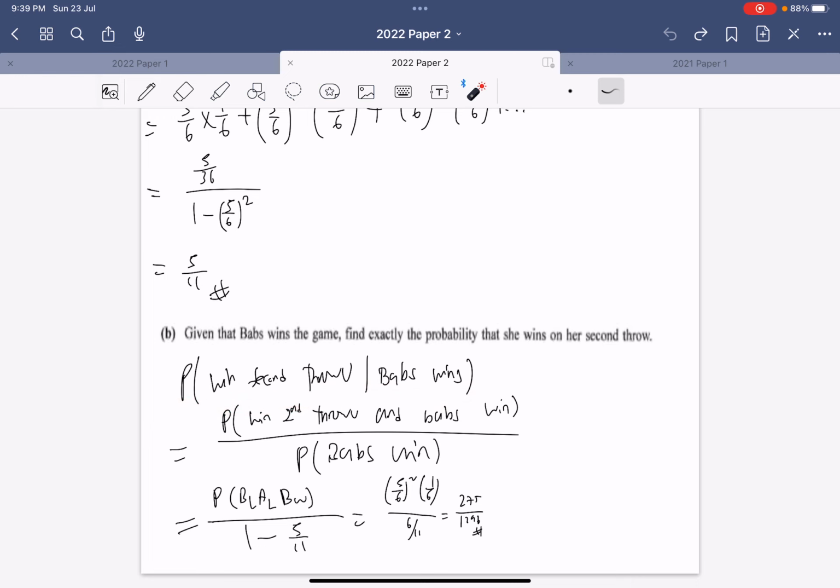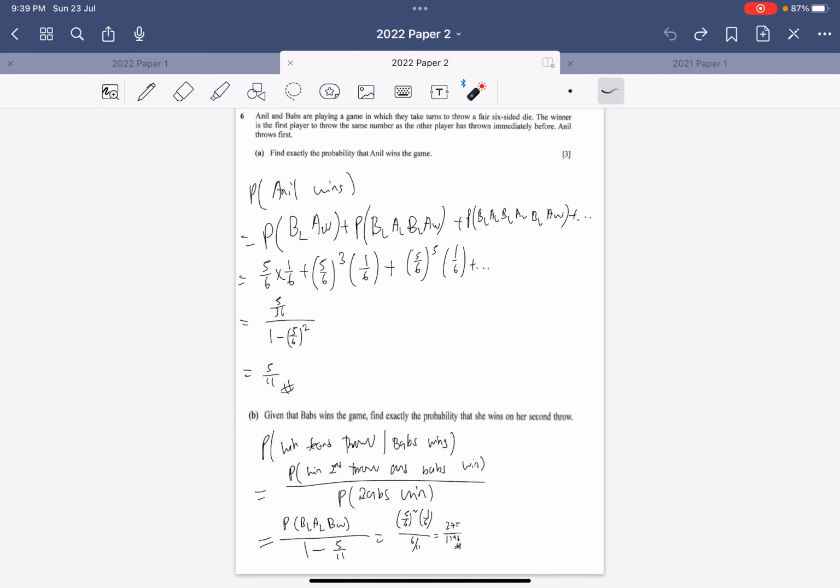It might make it look easier because now you know what you want to find and what you're given.